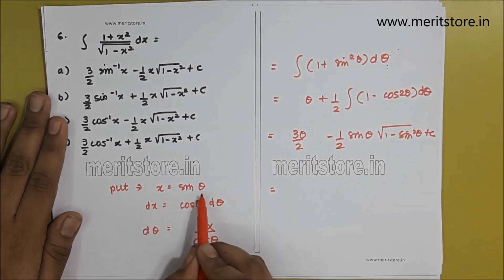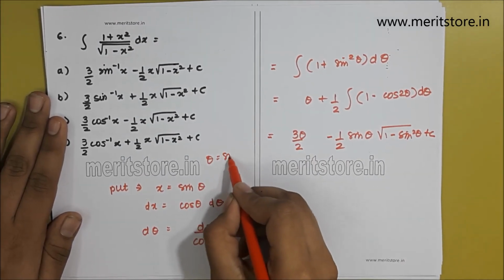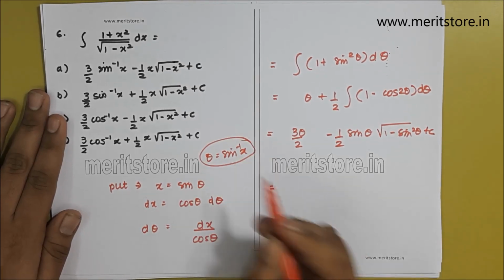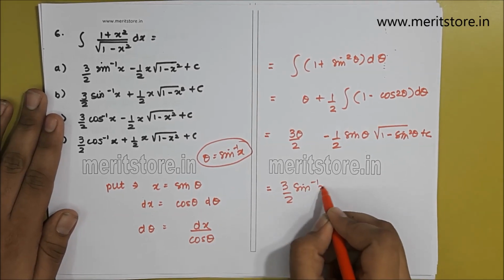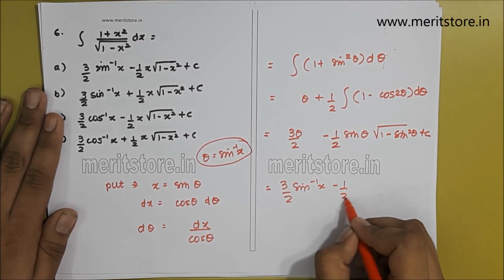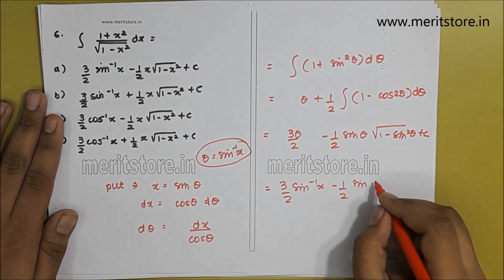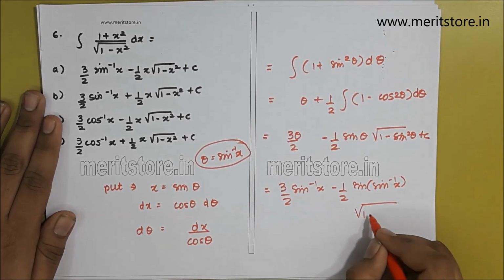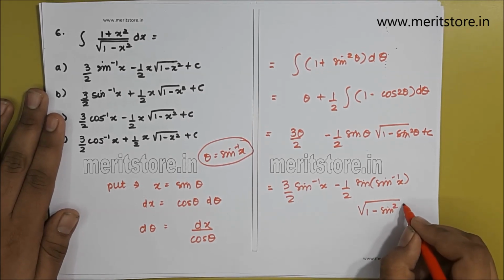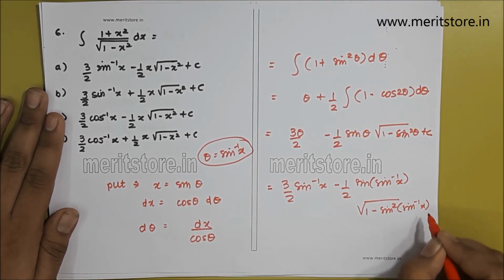As we know, x is equal to sine theta, so theta is considered to be sine inverse of x. So now 3 upon 2 sine inverse of x minus 1 by 2 sine, instead of theta again we have to put sine inverse of x, square root 1 minus sine square sine inverse of x plus c.